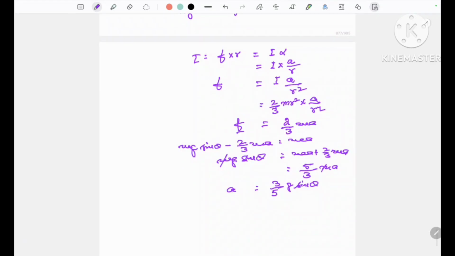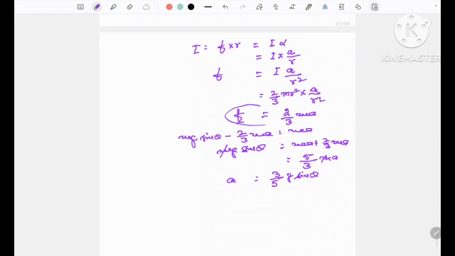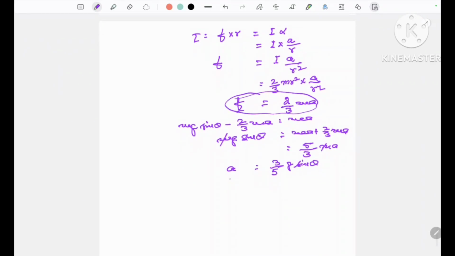And the value of F will be 2/3 ma, that is 2/3 m into 3/5 g sin theta, which is 2/5 mg sin theta.